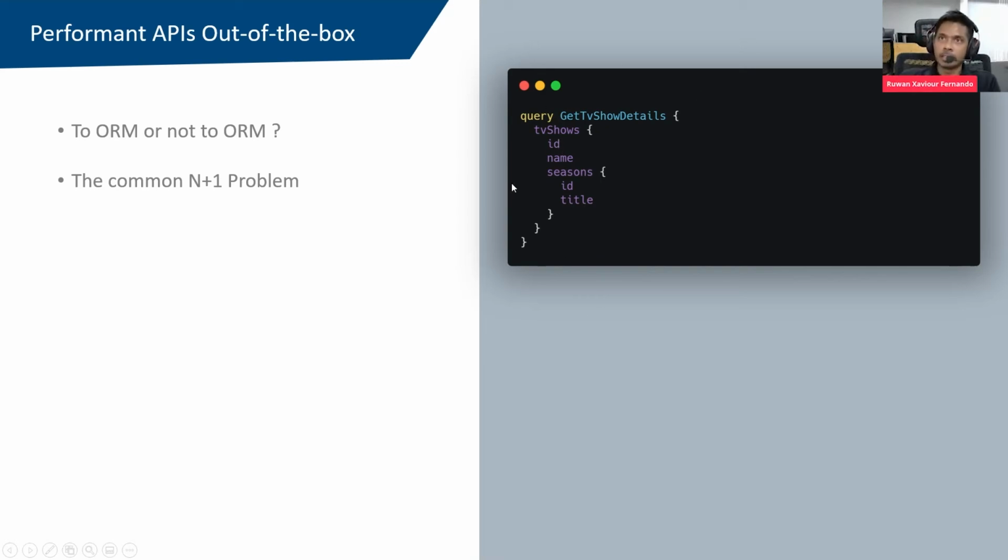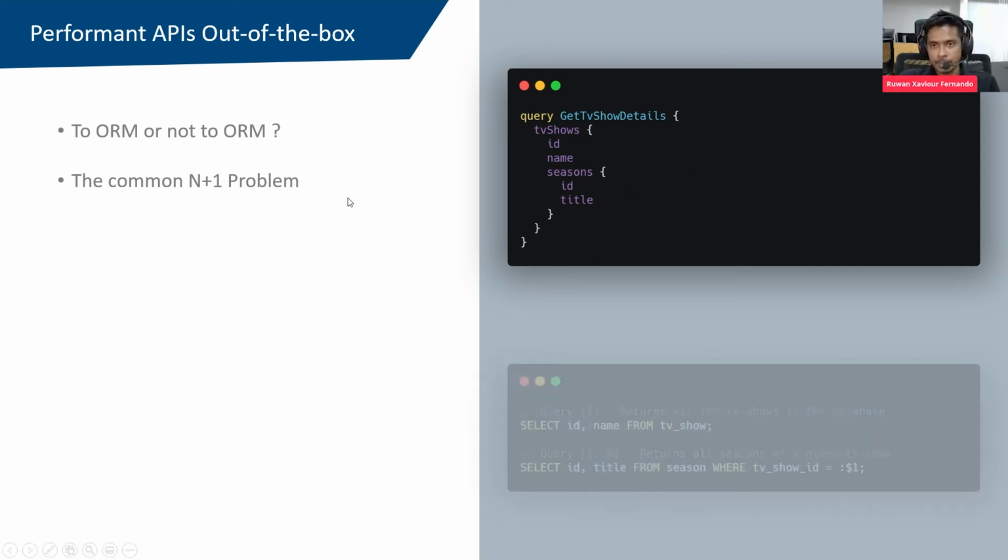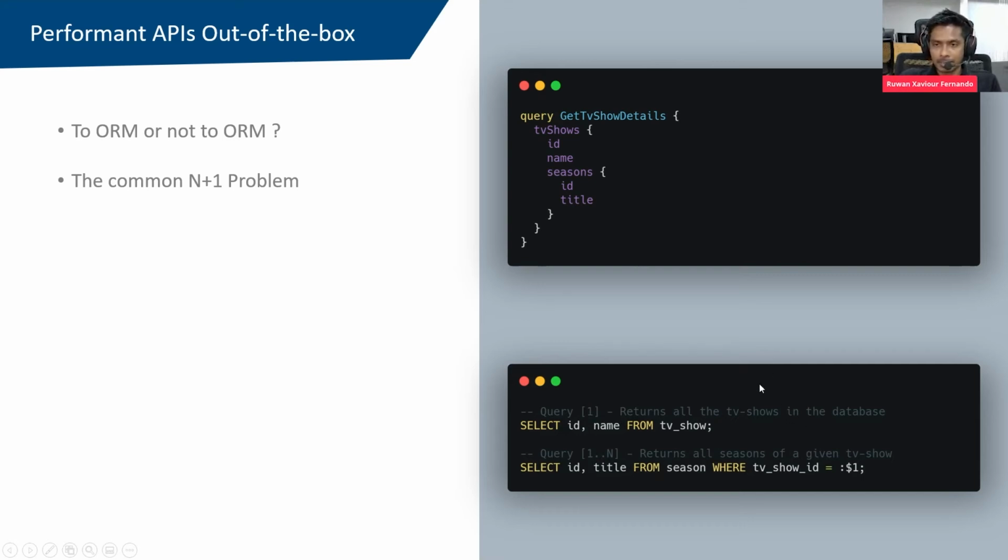if you are using a custom resolver that you hand code using some kind of an ORM, you would think of a very naive implementation like this. The top part would be resolved using the first query, where you select all the TV shows with ID and name, get all that data, and then loop or iterate for every TV show.